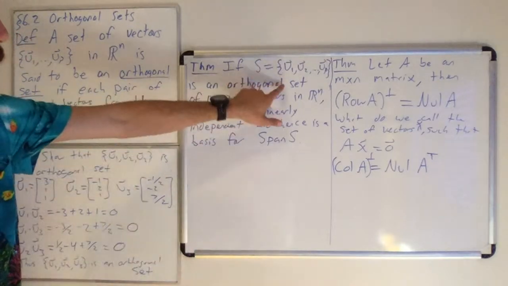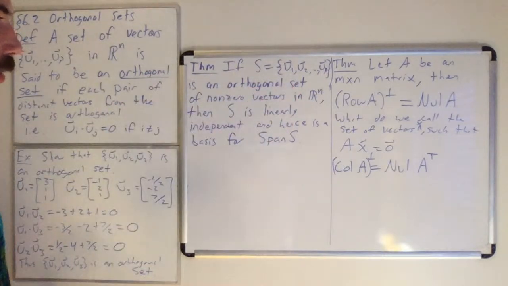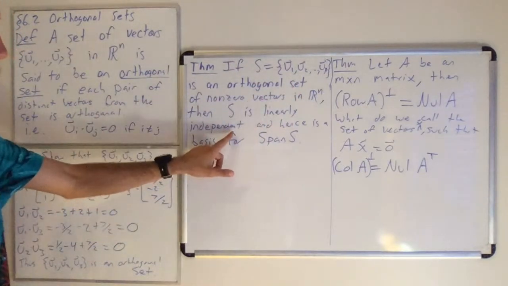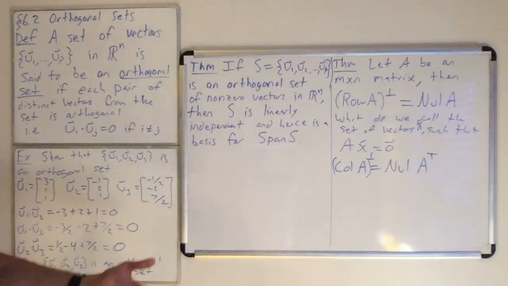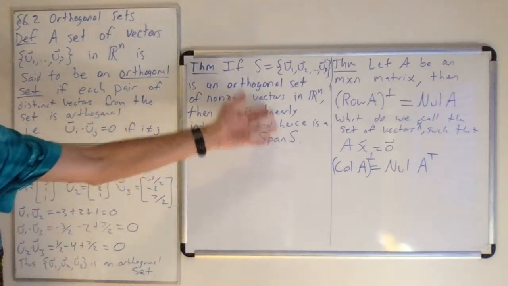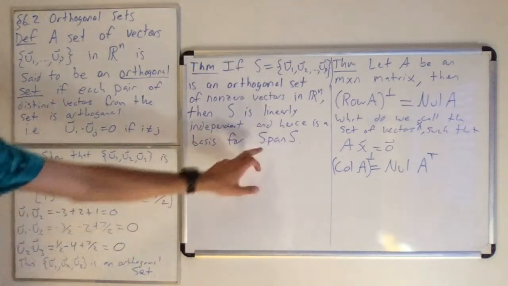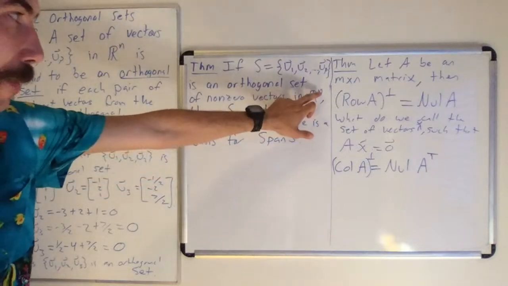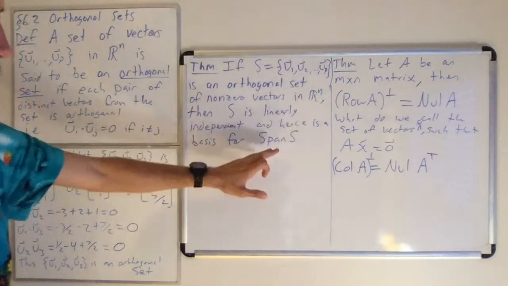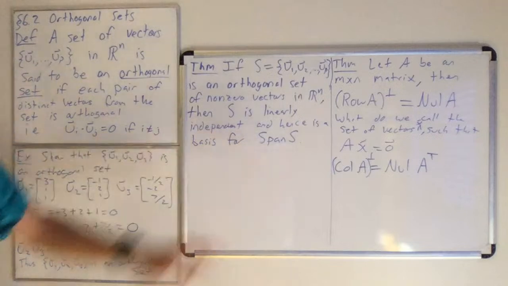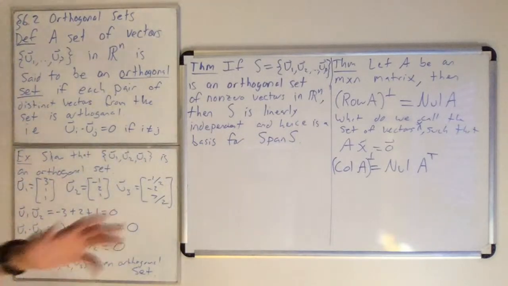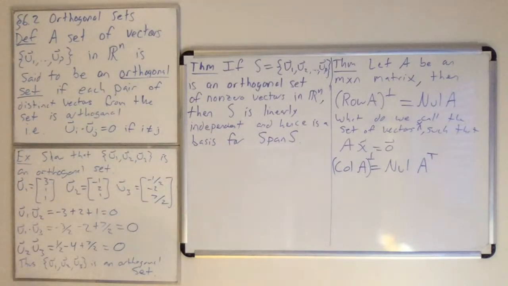If we have an orthogonal set, then it's automatically linearly independent, and so it's a basis for its own span. It's not necessarily a basis for Rn. It's a basis for whatever subspace the span of S is. So it could be lower dimensional, but that's fine.